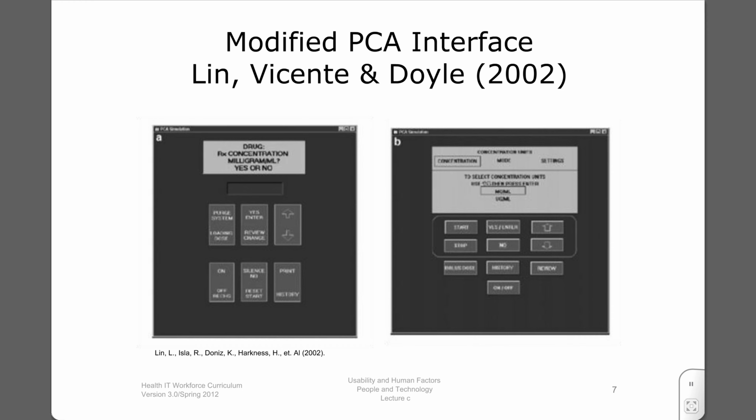In their study, Lynn and colleagues found that the original display introduced substantial cognitive complexity into the task, and that a redesigned interface that adhered to human factors principles could lead to significantly faster, easier, and more reliable performance. Although it needs to be tested in a real-world setting, it is possible that a redesigned interface could significantly reduce errors.